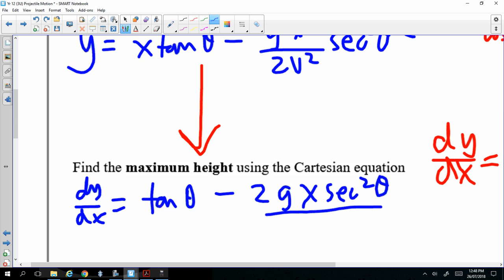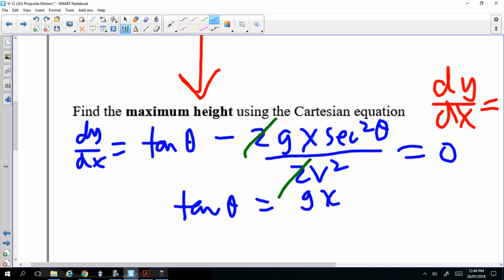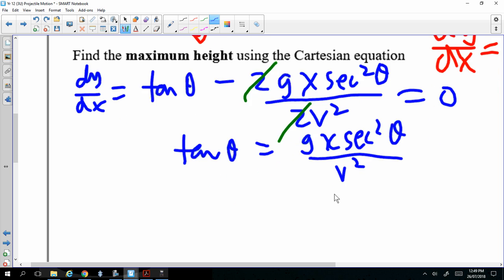And then x is going to be v squared tan theta over g sec squared theta. Then we simplify this, which is v squared over g times tan theta. 1 over sec squared theta is cos squared theta, and that will cancel with tan theta.